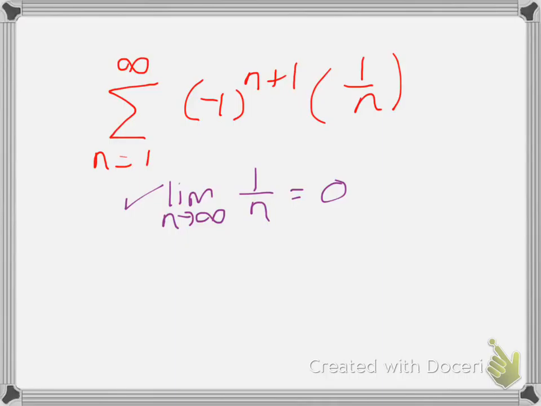Okay, think about the terms. You plug in a 1, that'd be 1 over 1, 1 over 2, 1 over 3. Are the terms always less as you continue to go on? So does this converge or diverge?